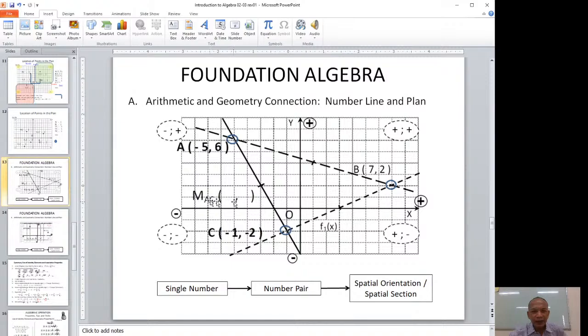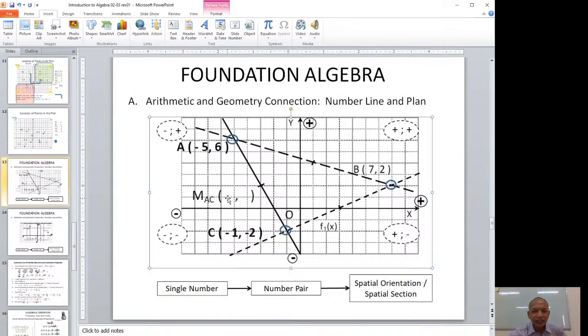For M of AC, the middle point of A and C, since it is in the region like A, it must have x negative and y positive.